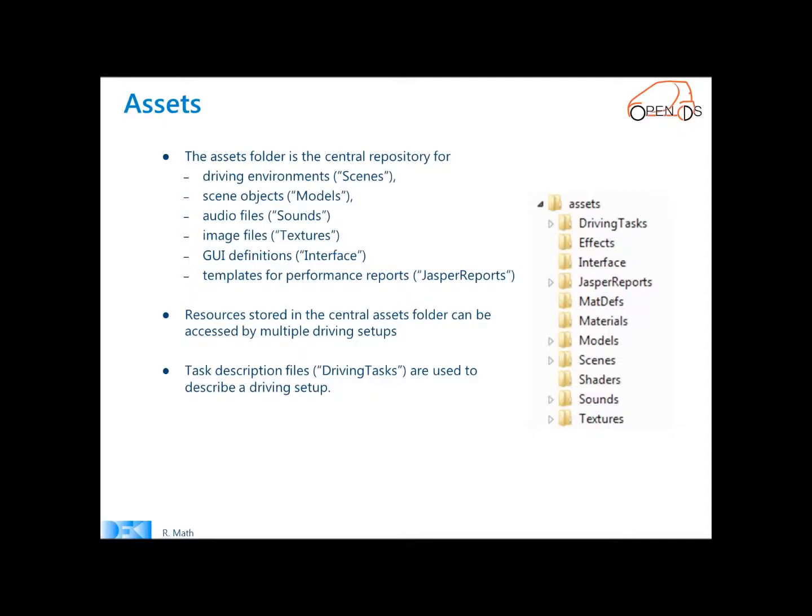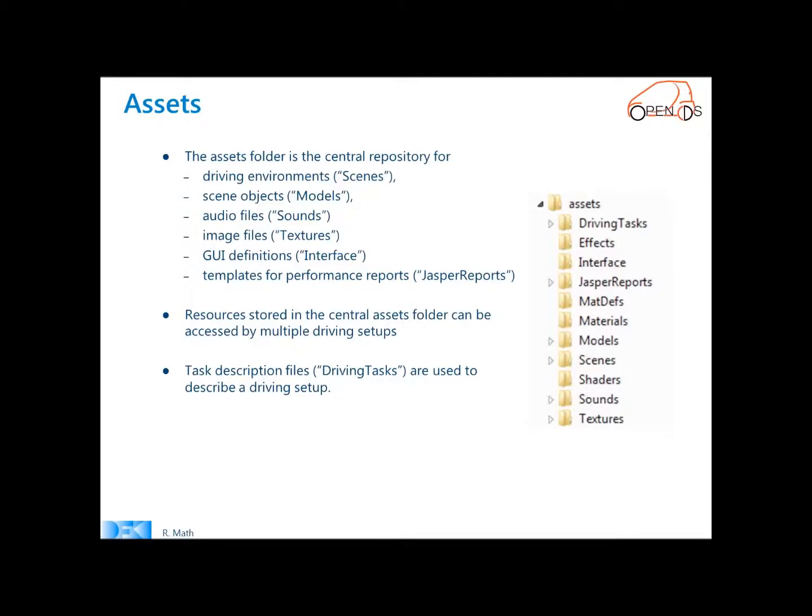Then we have the models folder. We store the models in the same format, so there's no difference between scenes and models. Actually, it's just a convention that we differ between scenes and models. Models is just something you place in your scene.